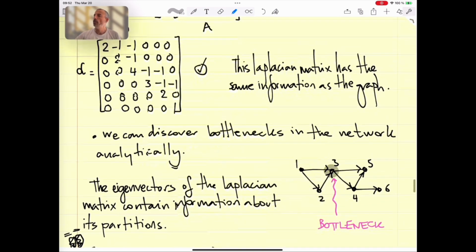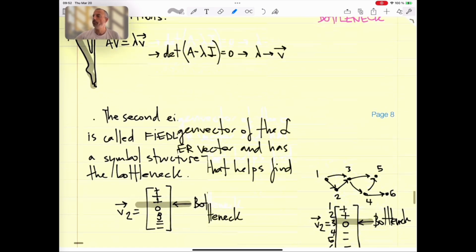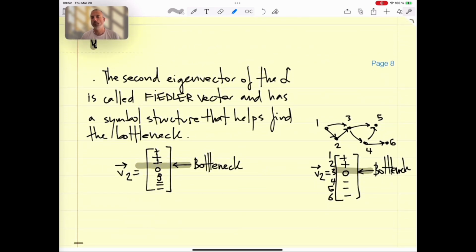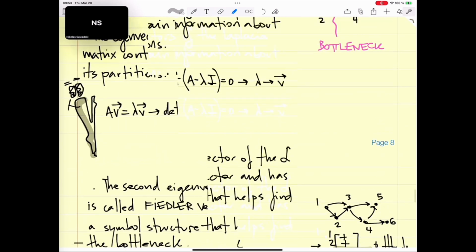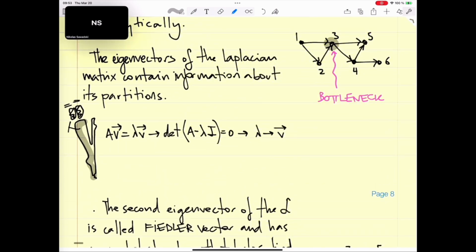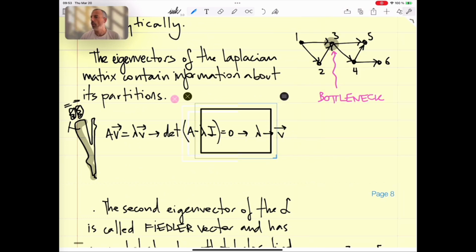So questions on this? What do you want? How to calculate the eigenvectors?